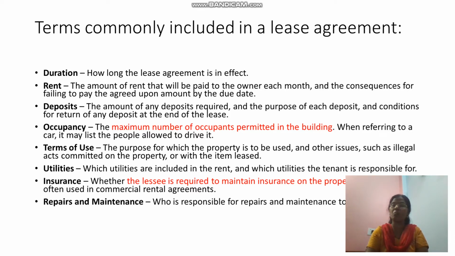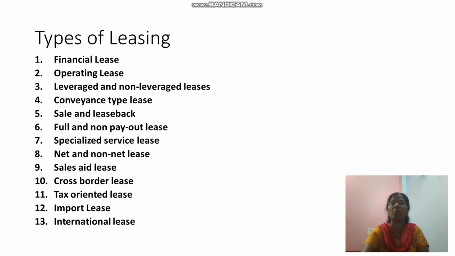That is also to be specified in the lease agreement. The amount of insurance to be paid differs from lessor to lessee on the basis of the kind of agreement they have. In some cases, the lessor will make the payment. In other cases, the lessee will make the payment. That depends upon the kind of lease they are going to follow.